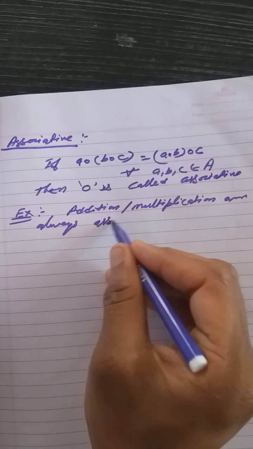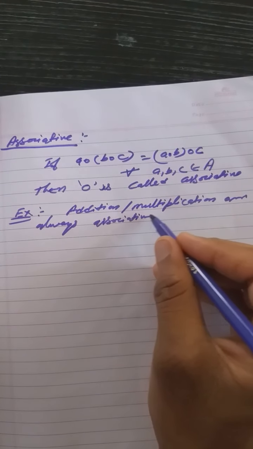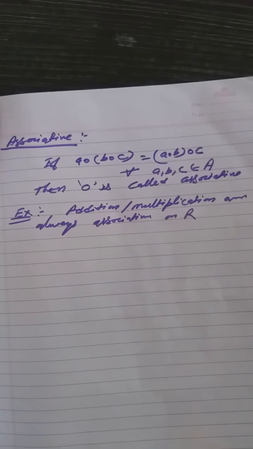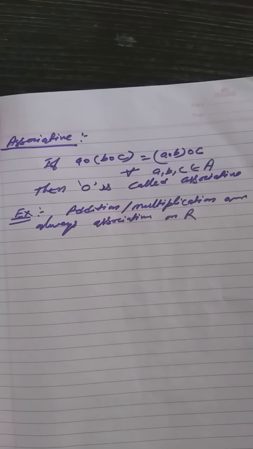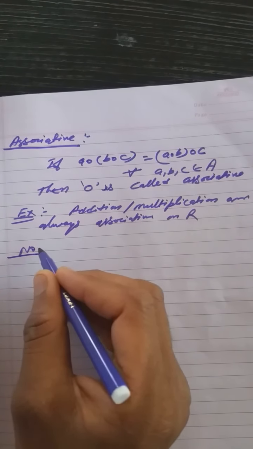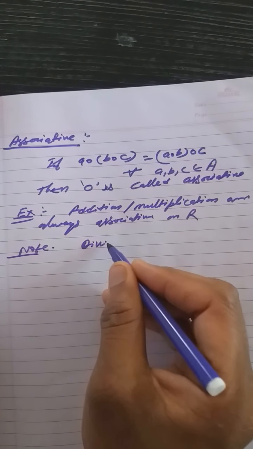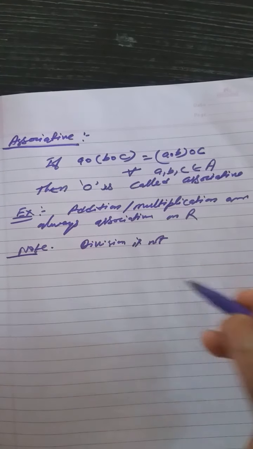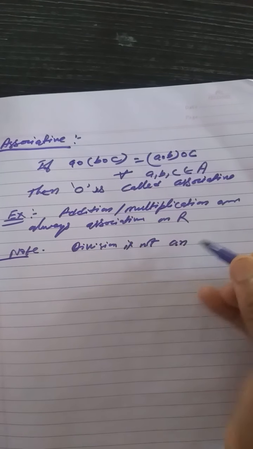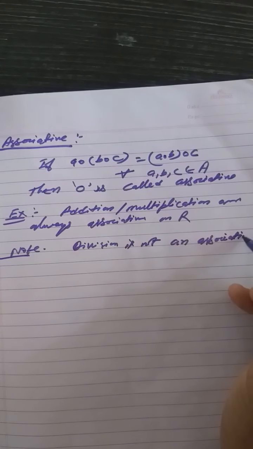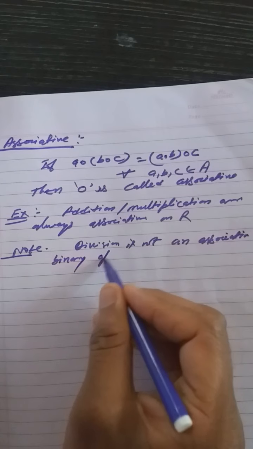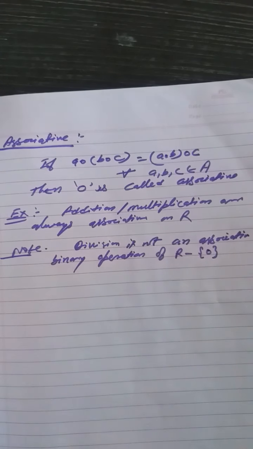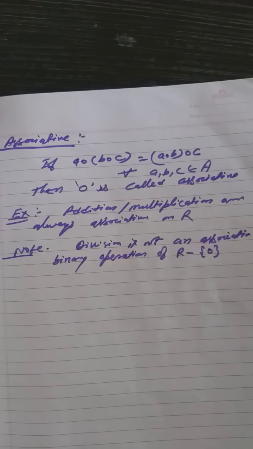Division is not an associative binary operation on R minus the singleton set of 0.